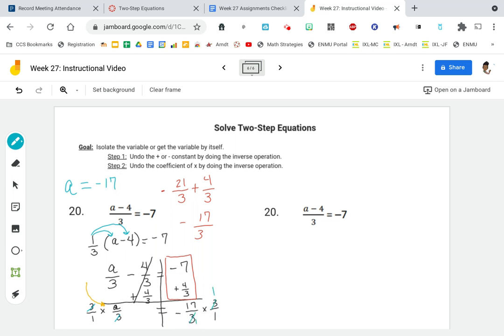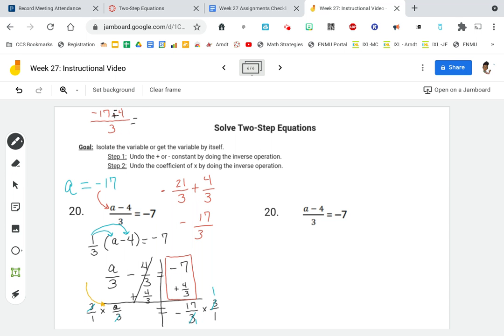And again, if you're unsure about your answer, just take your answer and plug it in. So I'm going to ask myself, what is negative 17 minus 4 divided by 3? Well, negative 17 minus 4, I have to add the opposite.